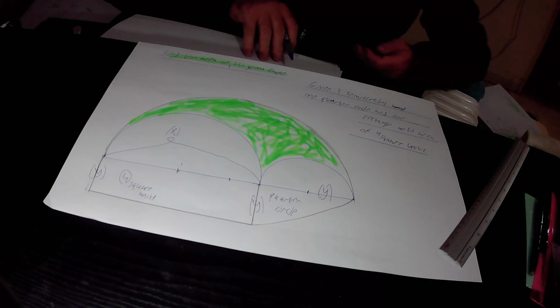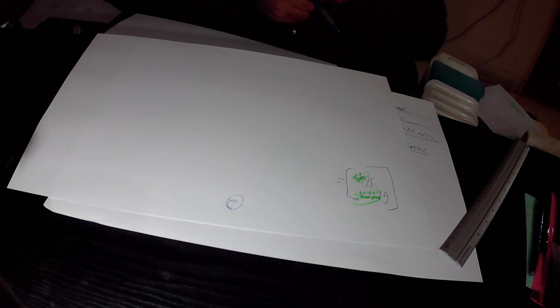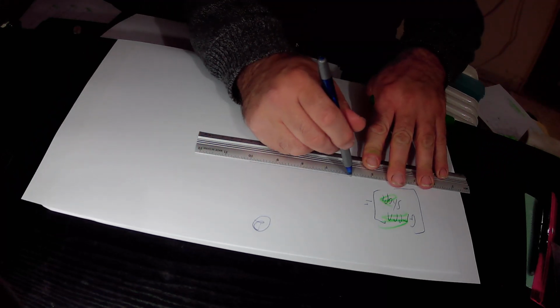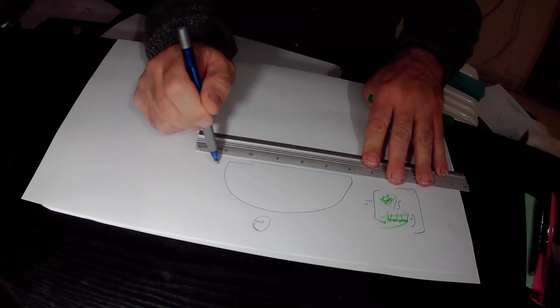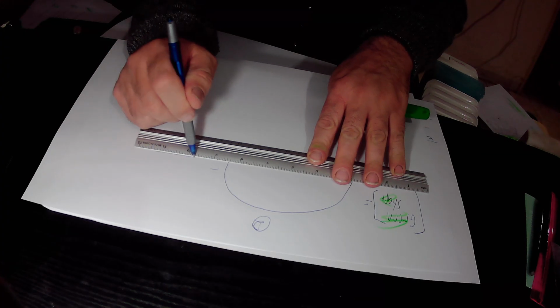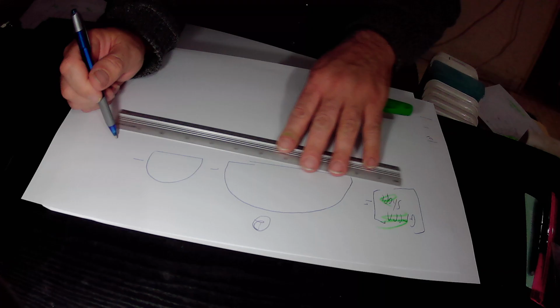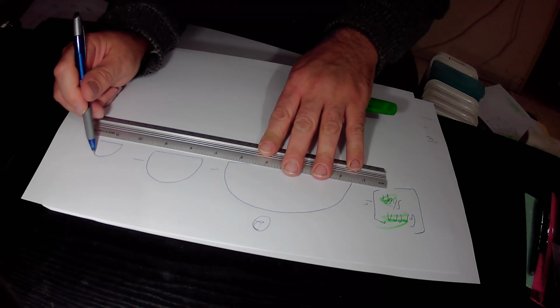So write it down: the area of the green shape, which is the area we are looking for in this question, is equal to the area of the biggest semicircle minus the area of the medium semicircle minus the area of the smallest semicircle.